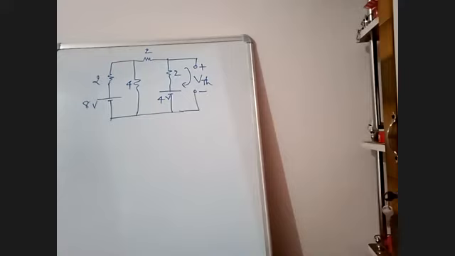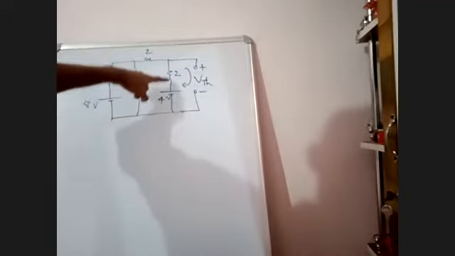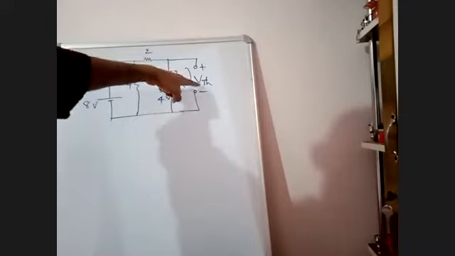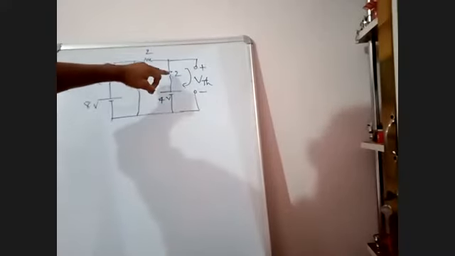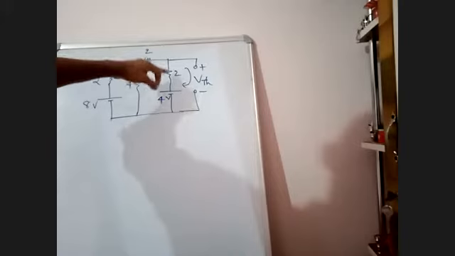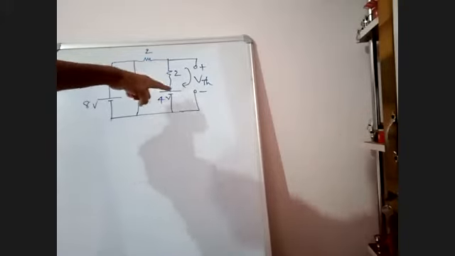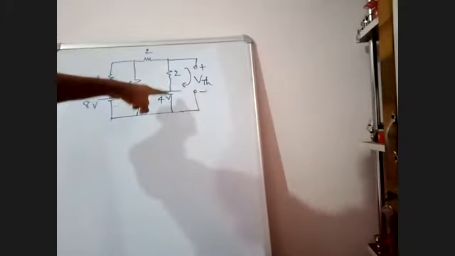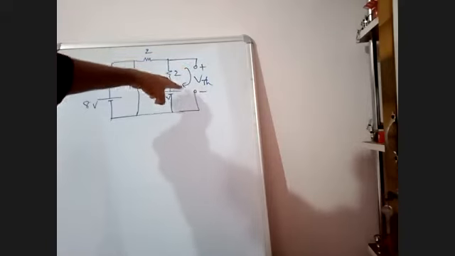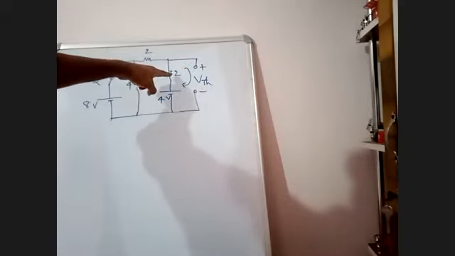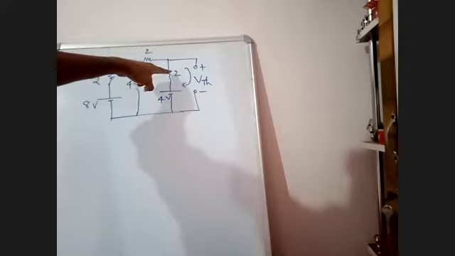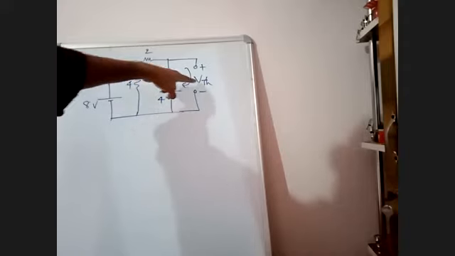Now, if I know the voltage in 2 ohms, I can determine VTH. If I know this voltage, then only I can determine VTH. If I want the voltage in this 2 ohm, I want the current in it. For determining VTH, I have to write the loop equation, where the sum of all the voltages is equal to 0.